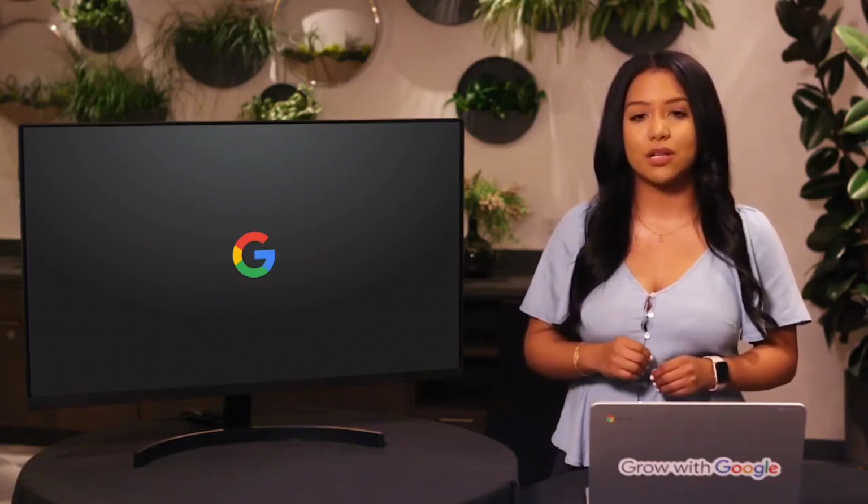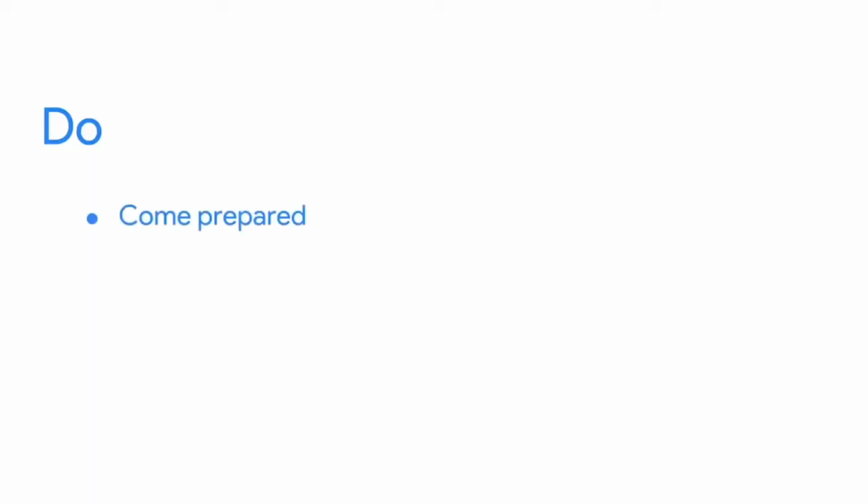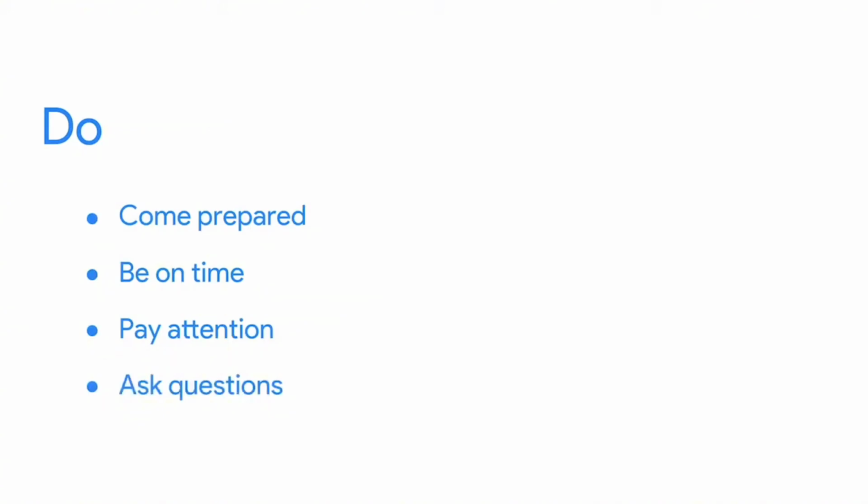There are some really simple things you can do to make a great meeting. Come prepared, be on time, pay attention, and ask questions. This applies to both meetings you lead and ones you attend. Let's break down how you can follow these to-dos for every meeting. So what do I mean when I say come prepared? Well, a few things.